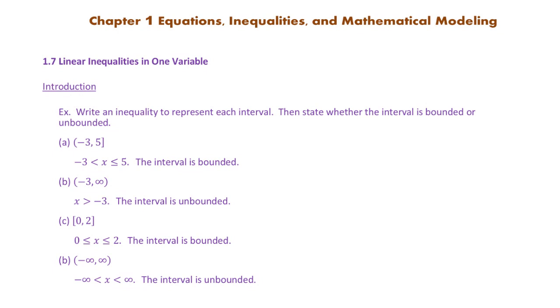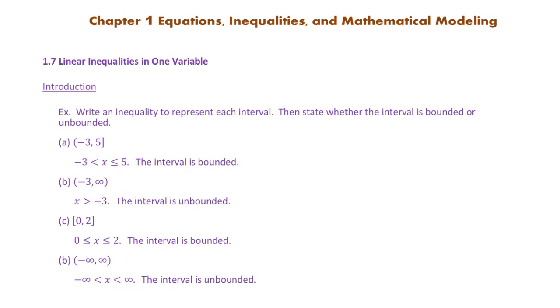Part B is the interval from -3 to infinity. That means all the numbers greater than -3, including all positive numbers. Written as an inequality, it will be x greater than -3, not including -3.